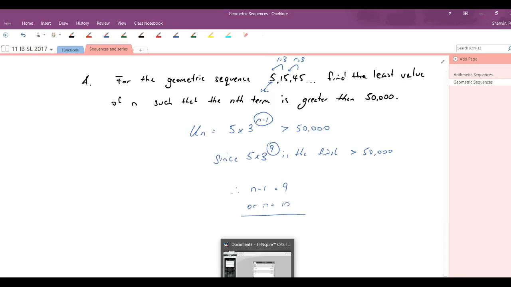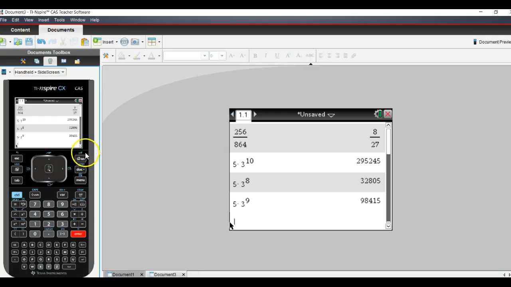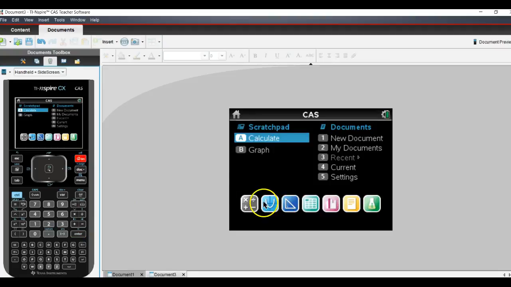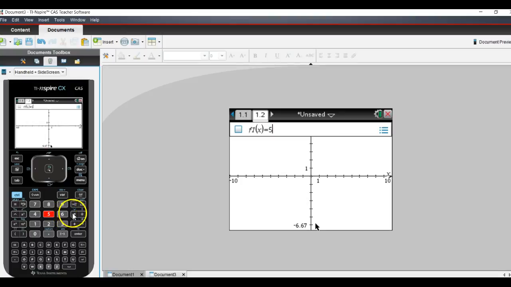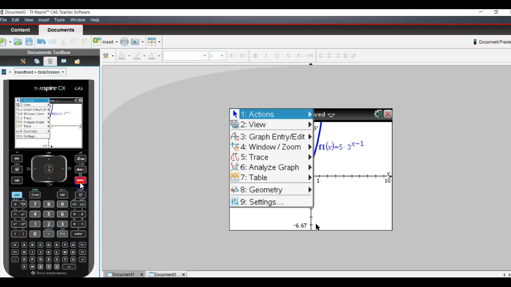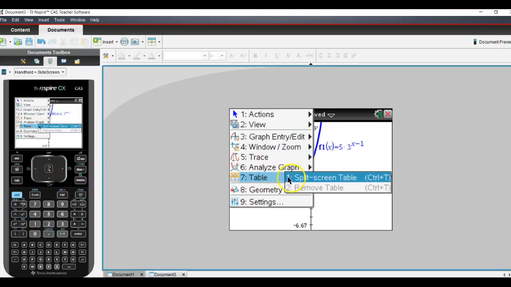I did say we could use a graph for it. I'll show you quickly. Go back in here and graph it. So we'll just put in here 5 times 3 to the power of, and we could just put a little x in here, and we could probably put a minus 1 in as well. And we're going to graph it. But actually what I'm interested in is going to the menu and choosing table.